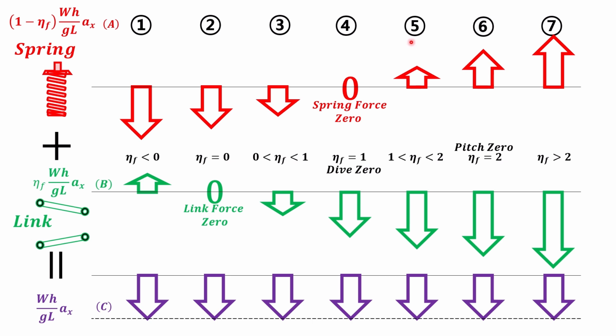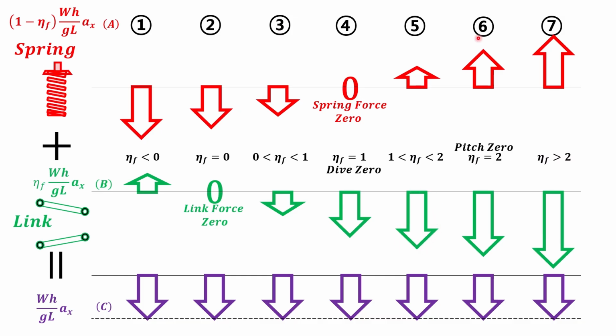Number 5 indicates that if the virtual reaction point is between the dive 0 line and the pitch angle 0 line, eta F is greater than 1 and less than 2, meaning that the vertical force tensioning the spring acts upward and the vertical resultant force compressing the links is vertically downward.